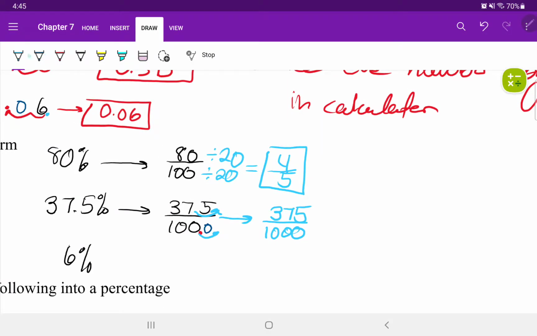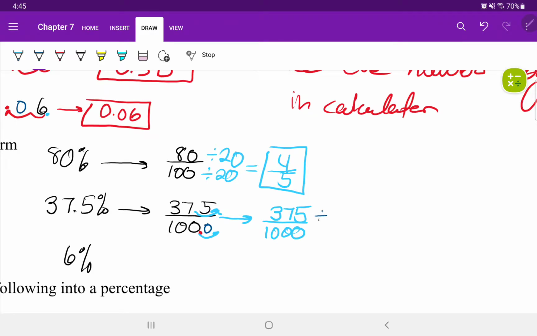After that, we want to simplify. We want to find the greatest common factor between 375 and 1,000, a number that's common for both. In this case, because these are both large numbers, I'm going to reduce piece by piece. Both numbers here are divisible by 5.